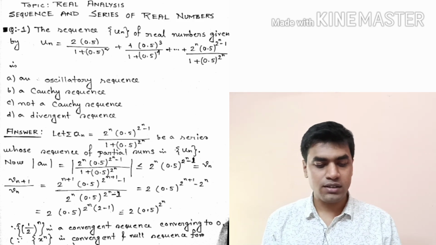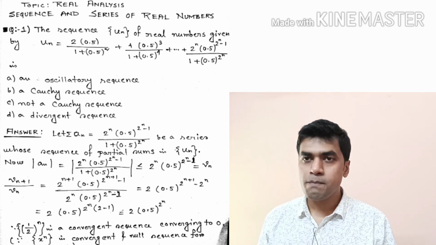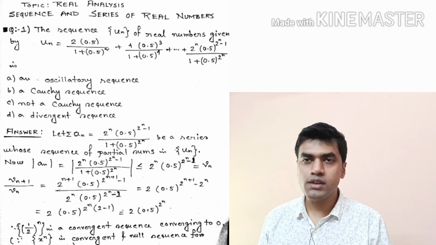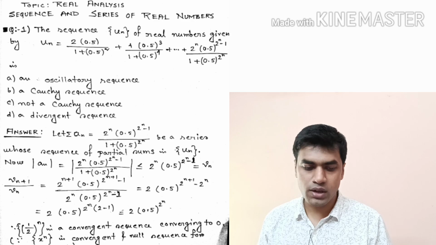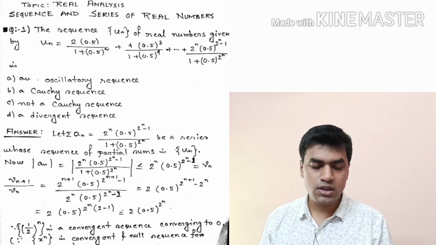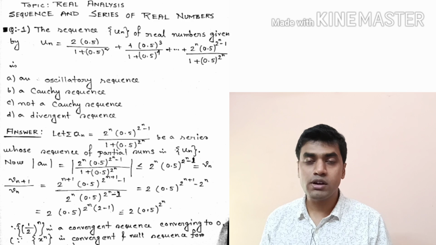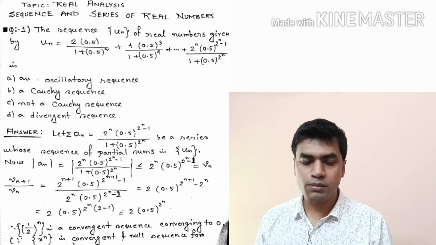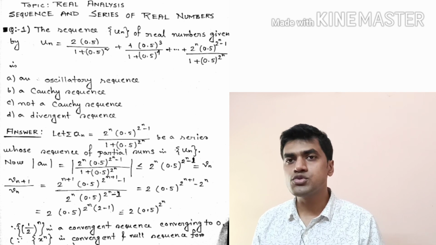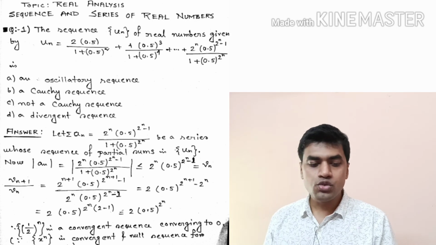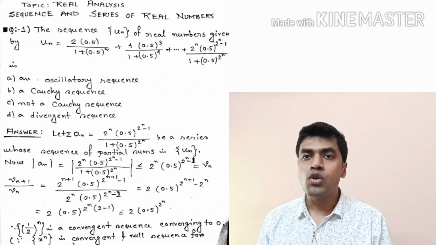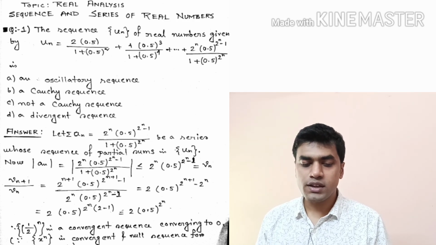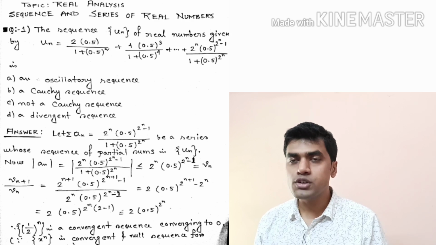Now look at the fact that Vn plus 1 by Vn, when we calculate it, is 2 to the power n plus 1 multiplied by 0.5 whole to the power 2 to the power n plus 1 minus 1, divided by the Vn part, that is 2 to the power n 0.5 whole to the power 2 to the power n minus 1, which equals 2 multiplied by 0.5 whole to the power 2 to the power n plus 1 minus 2 to the power n, which equals 2 multiplied by 0.5 whole to the power 2 to the power n multiplied by 2 minus 1, that is equal to 2 into 0.5 whole to the power 2 to the power n.